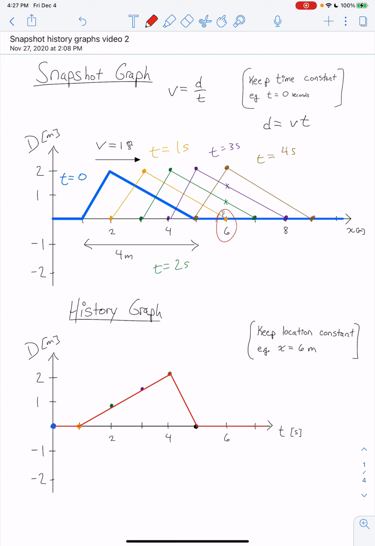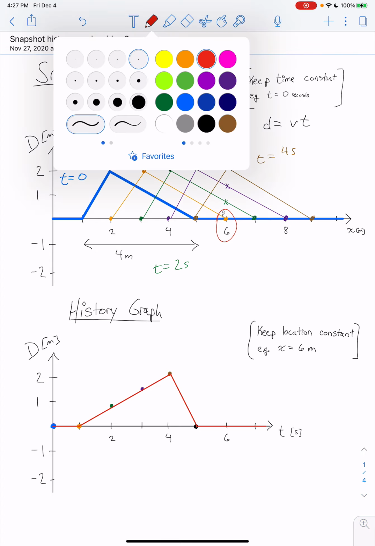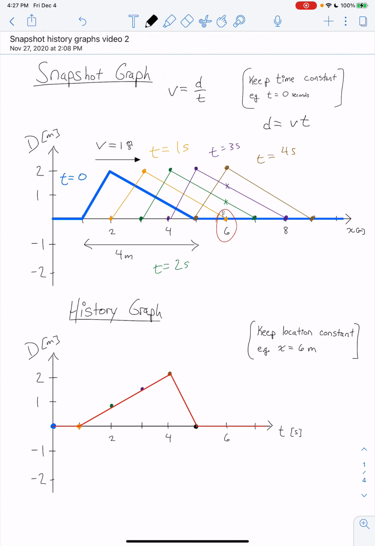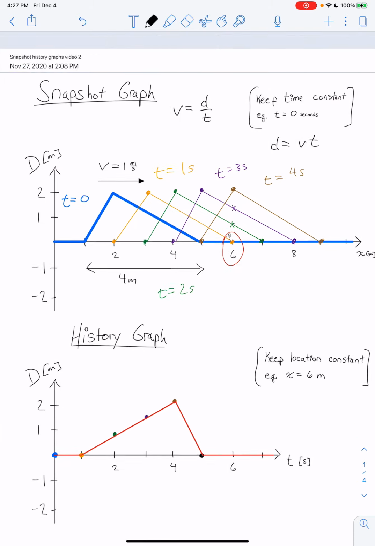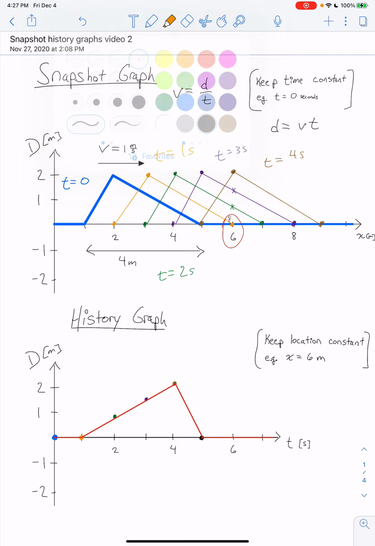Yeah, so what just happened there? We've got our history graph. Now let's make a few observations. One, it looks like a mirror image of the snapshot graph. And the reason is that when you're taking the perspective of this particular point, the first thing that's happening at t is equal to 0 is nothing. And then what's going to happen is you're going to climb up, right?